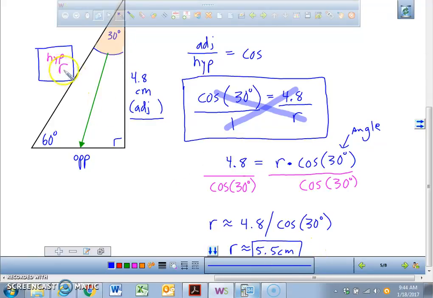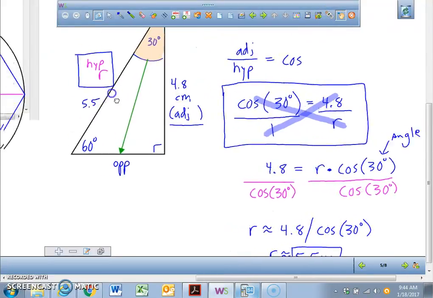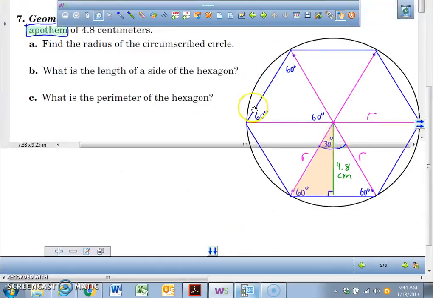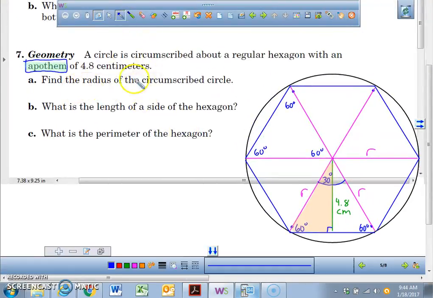Okay, so this radius right here, everybody, is 5.5 centimeters. Which means our answer for the very first problem, find the radius of the circumscribed circle. The radius is approximately equal to 5.5 centimeters.